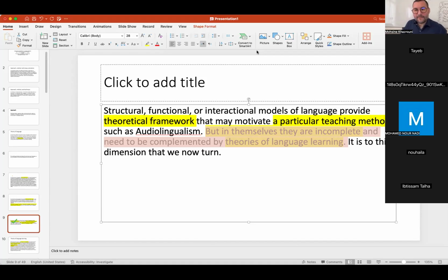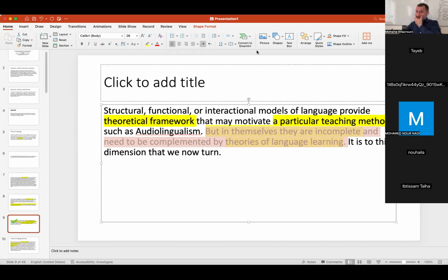Sir, can I explain the sentence? Okay. What I understand from this sentence is that they are talking about the models of language, like structural, functional, or interactional. These models are not enough. These models explain just what language is.